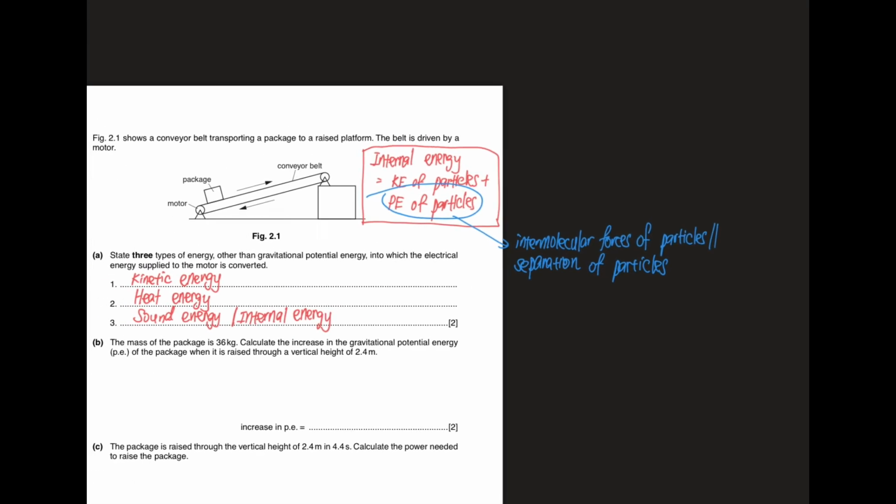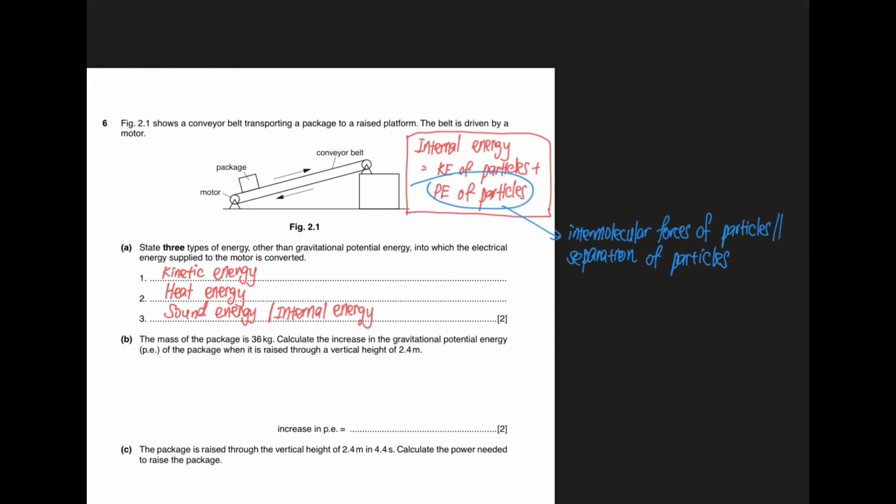Okay, so over here, internal energy increases, and we can take it in this way. First, the conveyor belt will become hot. When it's hot, kinetic energy increases. The kinetic energy of the particles in the conveyor belt increases.